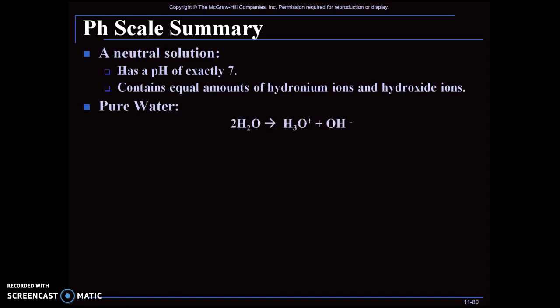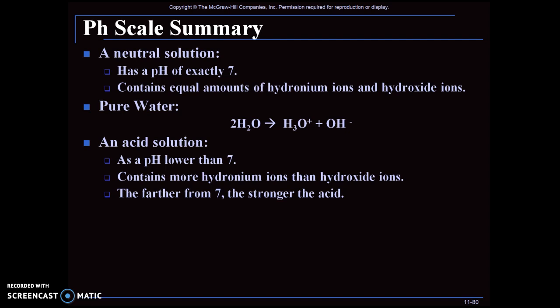pH scale summary: a neutral solution has a pH of exactly 7 and contains equal numbers of hydronium and hydroxide ions. Pure water dissociates into hydronium ion and hydroxide ion. An acid solution has a pH lower than 7.